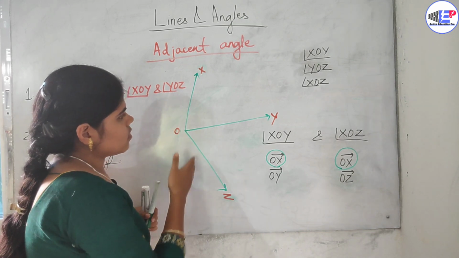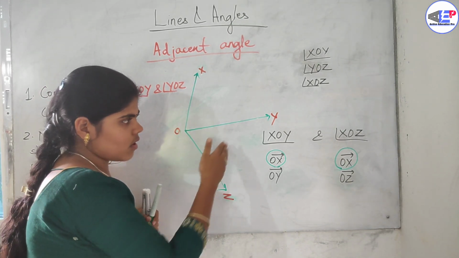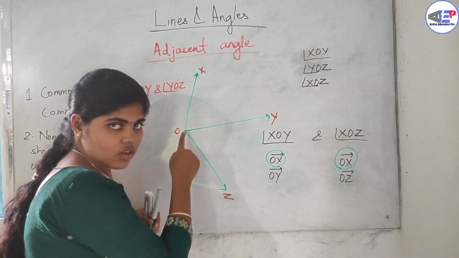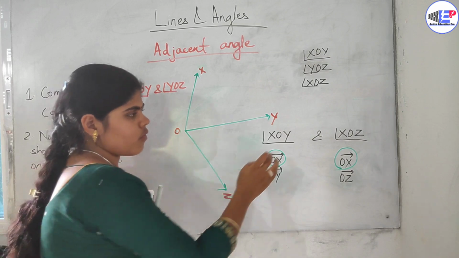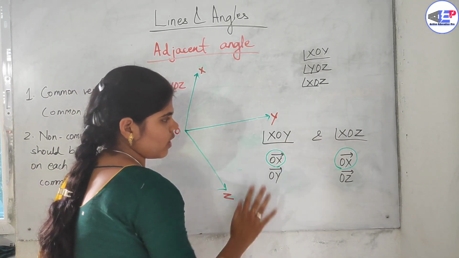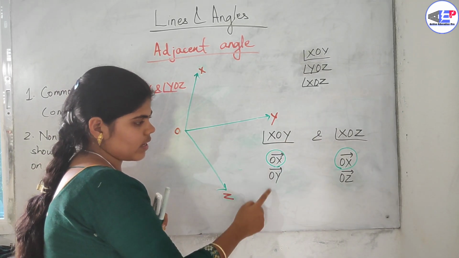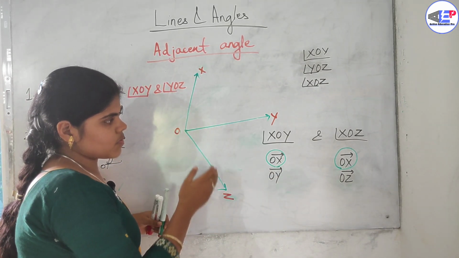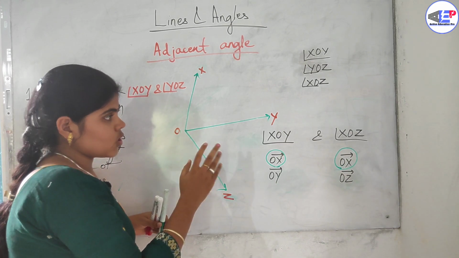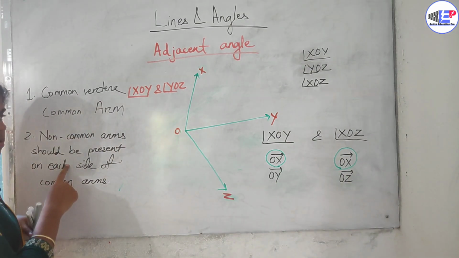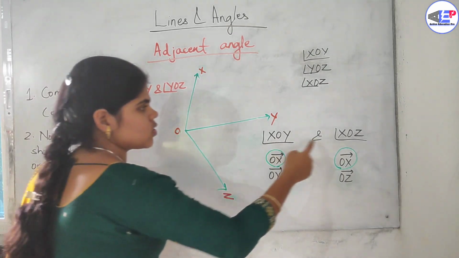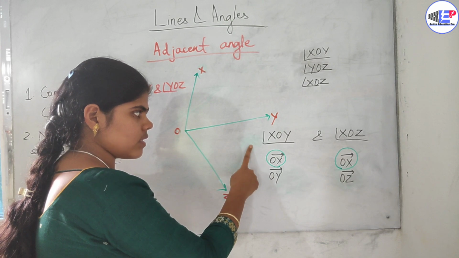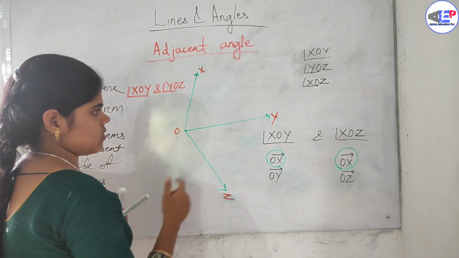In this figure, OY and OZ are present on one side of this common ray, OX. These two non-common arms are on the same side of OX, so the second condition is not fulfilled by these two angles XOY and XOZ. So these angles are also not adjacent angles.